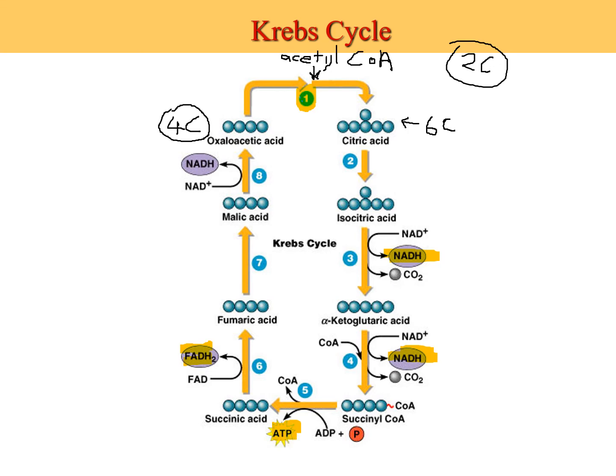You end up, as it goes around through all these conversions here, with this 4-carbon molecule. Well, we started here, at this point it was 6, and now it's 4. Obviously some carbon was given off. In what form?